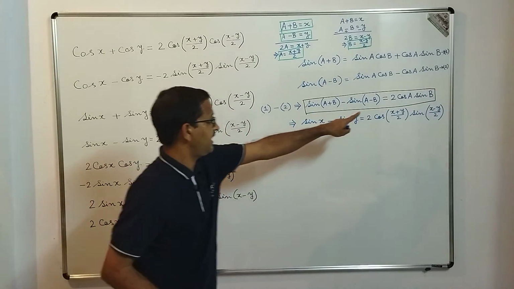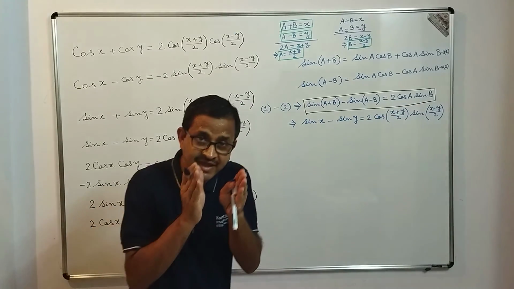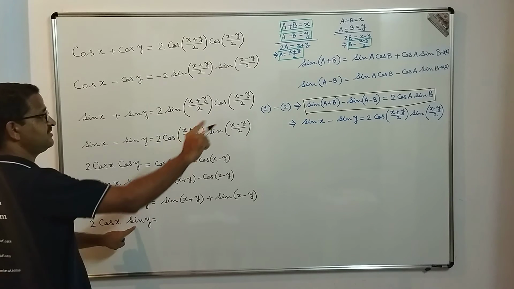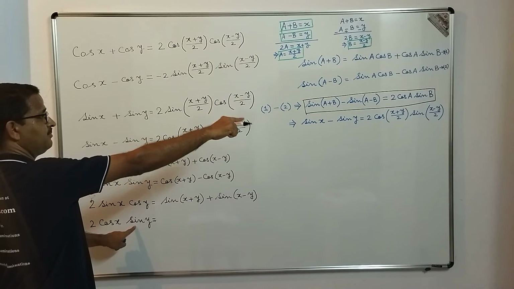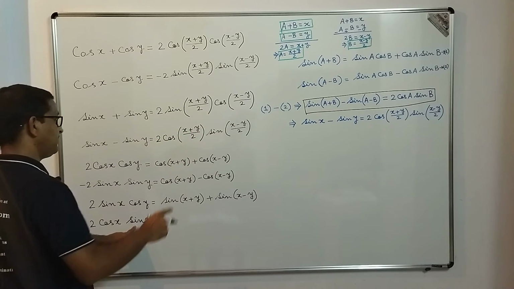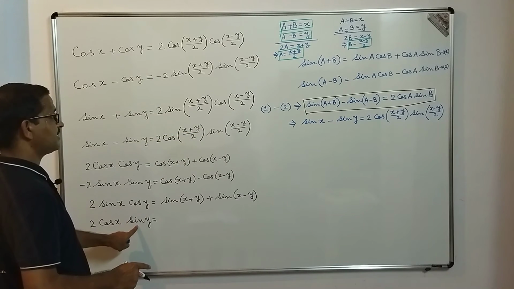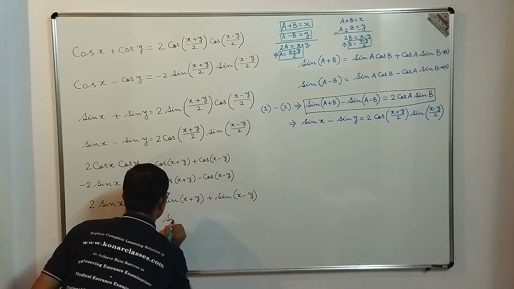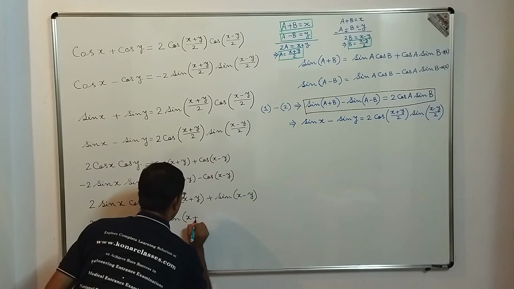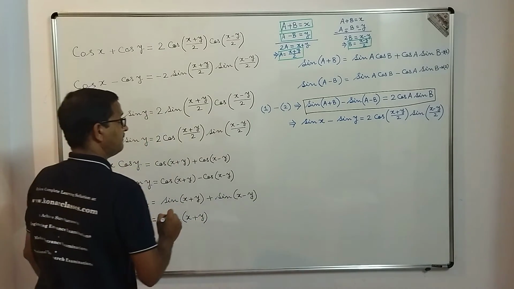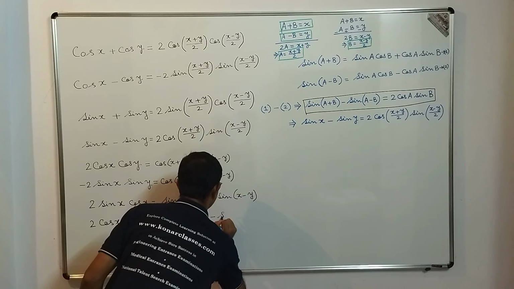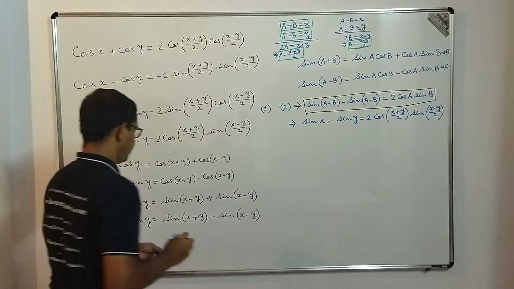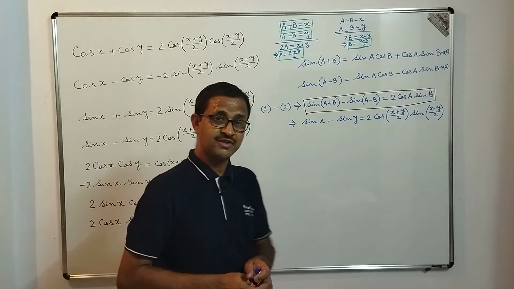Now instead of a and b, if we consider x and y respectively, 2 cos x sin y, that is in the right hand side, what I marked in the black box there, becomes sine of x plus y minus sine x minus y. Correct? So now we have derived all the formulas.